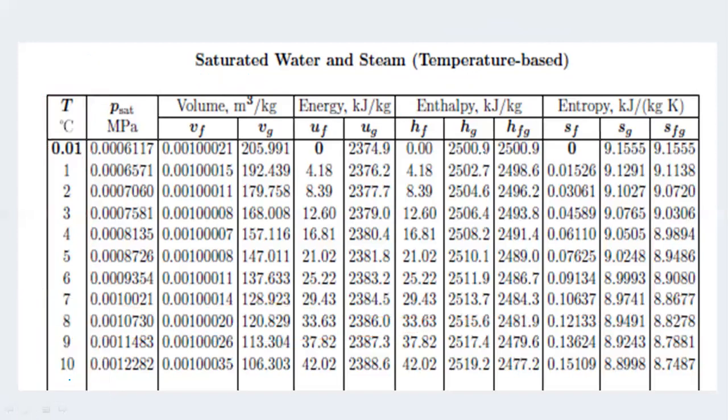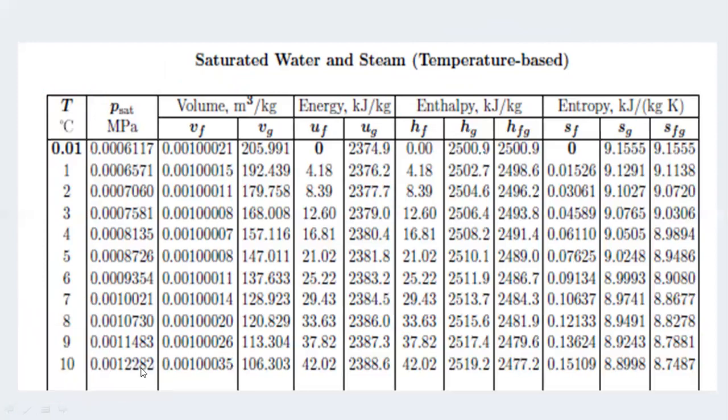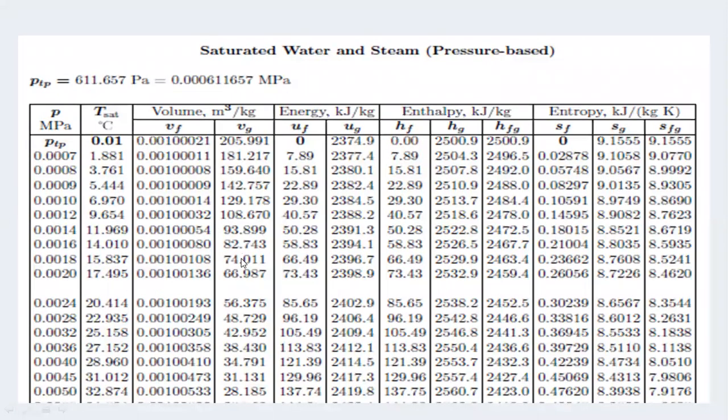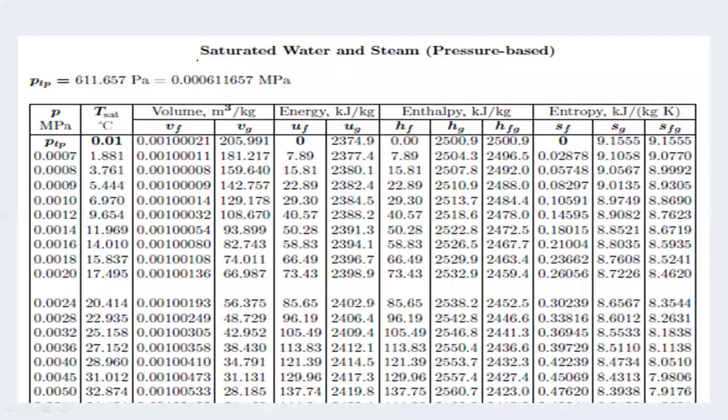So this is regarding how we refer to the values from a steam table based upon temperature basis. Similarly, there is even a steam table based on the pressure basis. So let us see which is that. Now if you observe this particular table, even the subtitle itself, if you observe carefully, what he has written: saturated water and steam, pressure based.